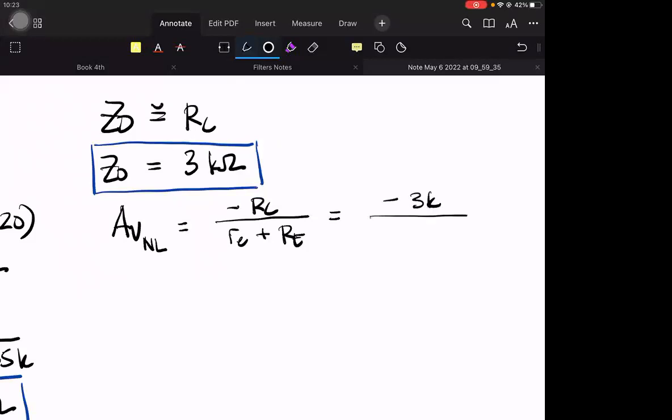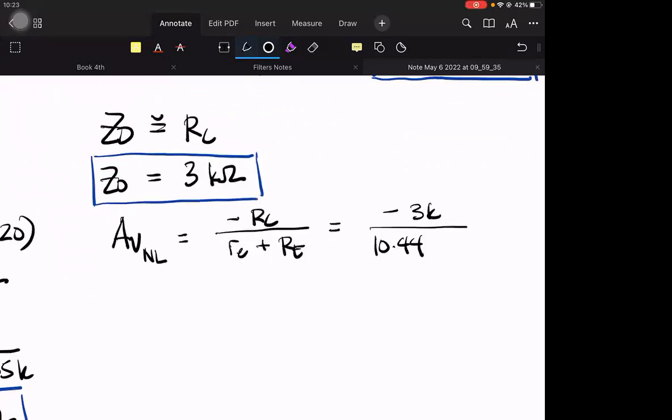So negative 3K over 10.44 plus 820. Therefore, AVNL is equal to negative 3.61. Negative 3.61, unitless because it is a gain.